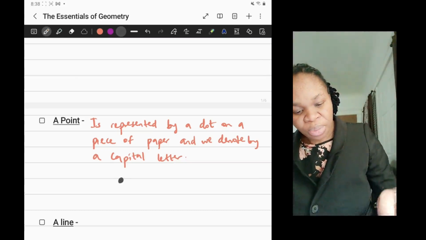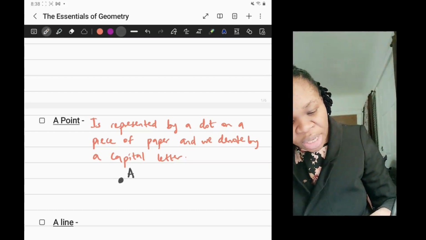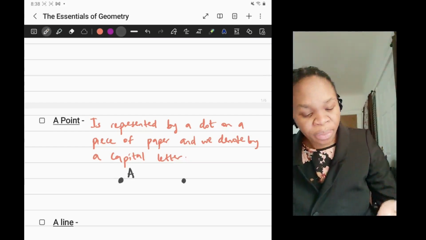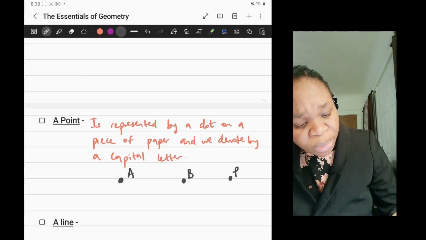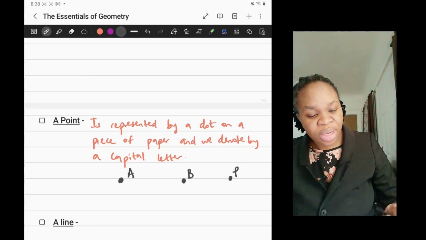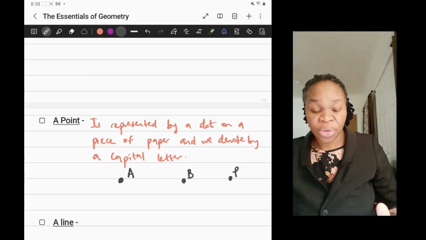For example, this is a point A, you can see capital A. Then we have point B, so you can have as many points as possible. Let's say point P. So this is the meaning of a point in geometry.